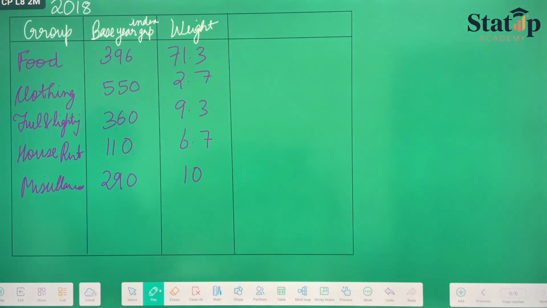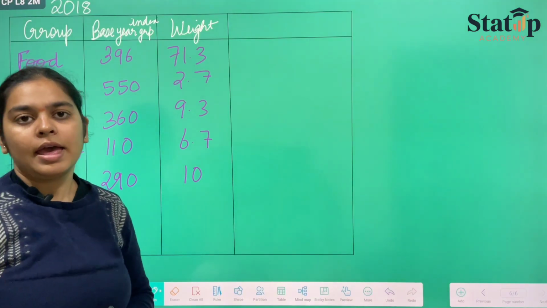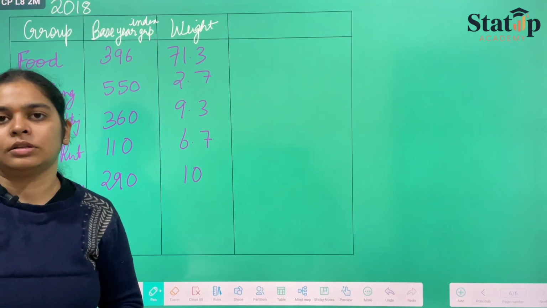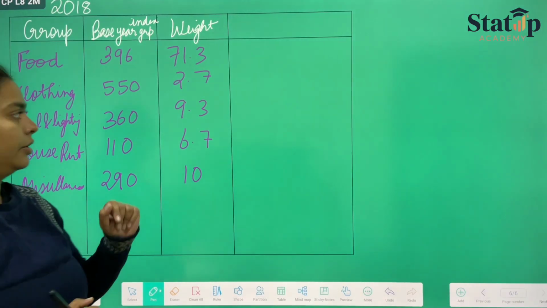Here we have been asked to calculate the cost of living index first, and second the dearness allowance. All of that we'll be covering here.